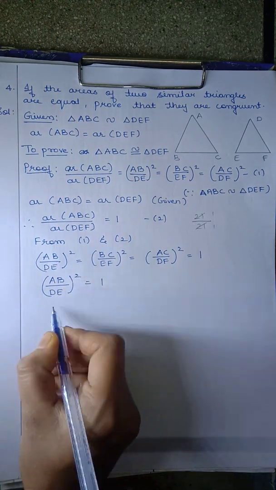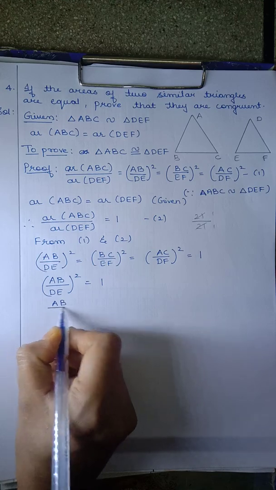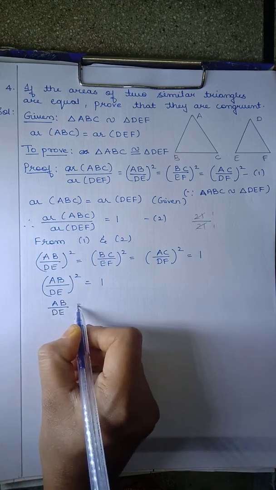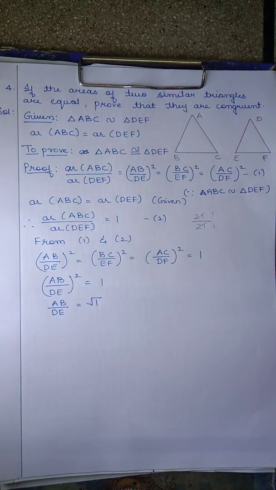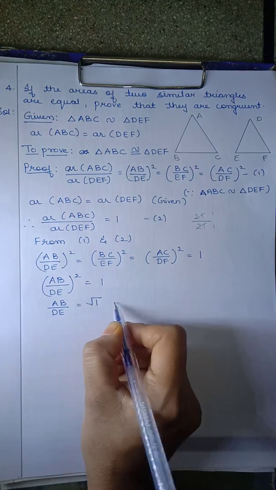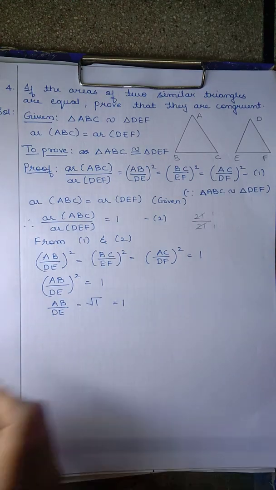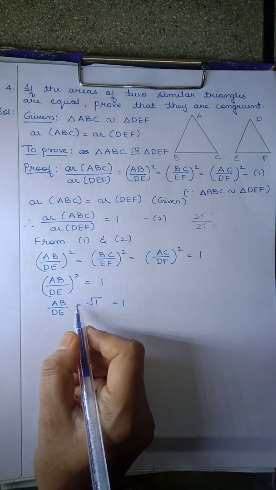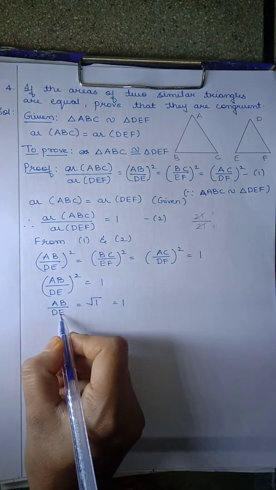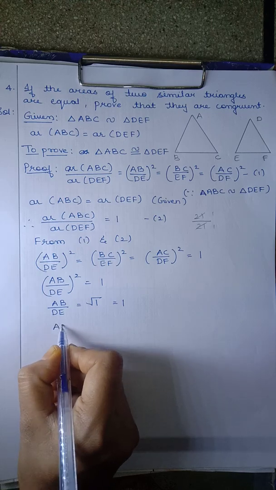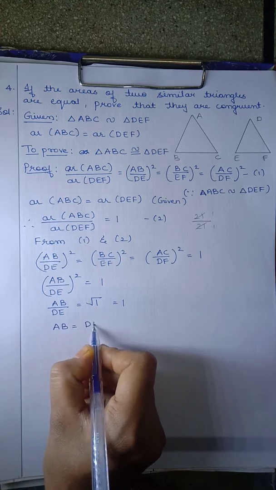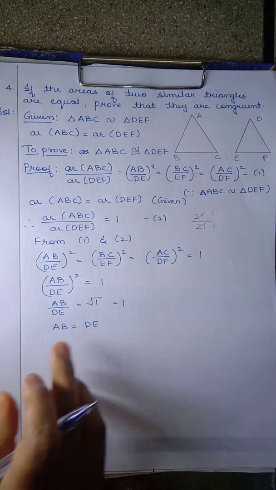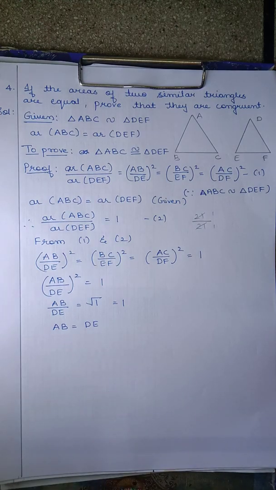So now if you want to cancel the square, you will get AB upon DE is equal to the square root of 1, isn't it? And the square root of 1 is nothing but 1. So you got AB by DE is equal to 1, children. Now if you cross multiply, you will get AB is equal to DE. Isn't it? Now you got AB is equal to DE.